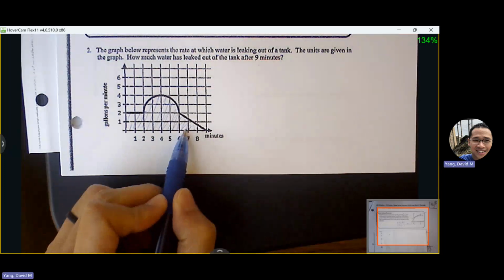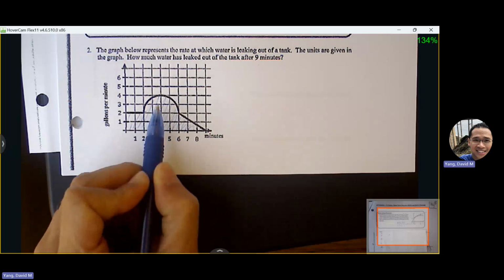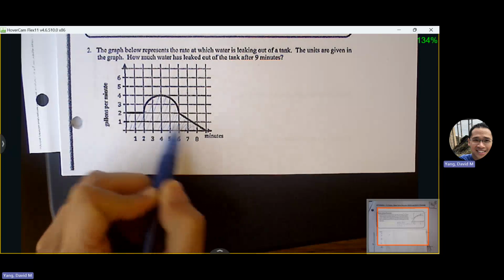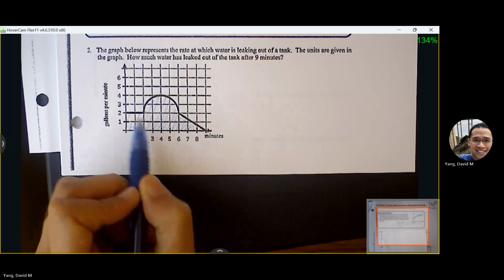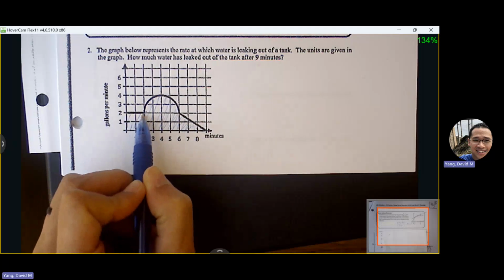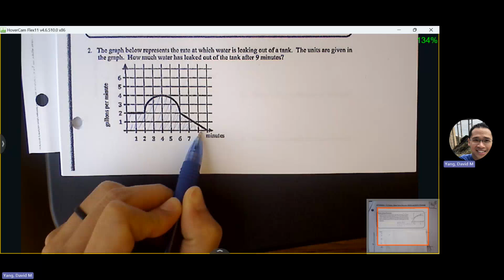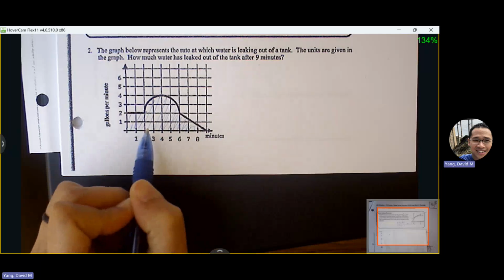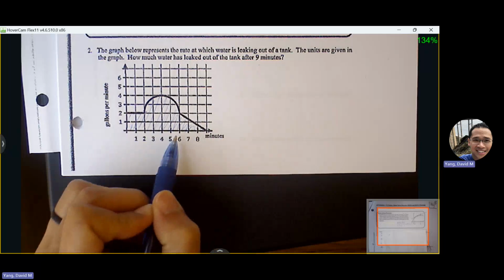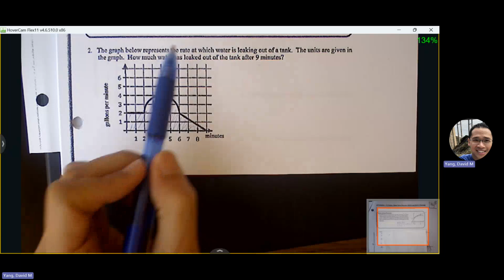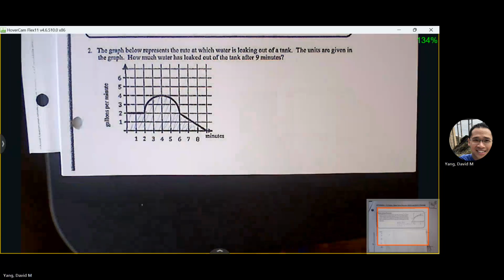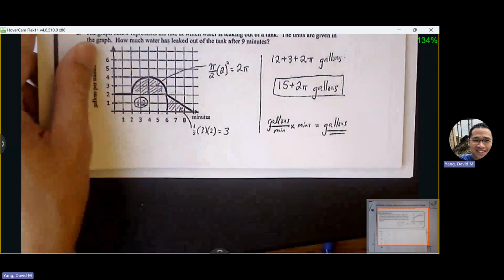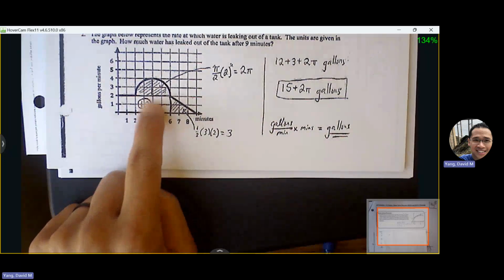So here we have a couple of geometric shapes. You've got a rectangle, a semicircle, and a triangle. So if we add all that up, because we're accumulating this rate over a period of time, if we use multiplication, if we use area, we can find out exactly how much water has leaked out given our rate. Rectangle is just width times height.